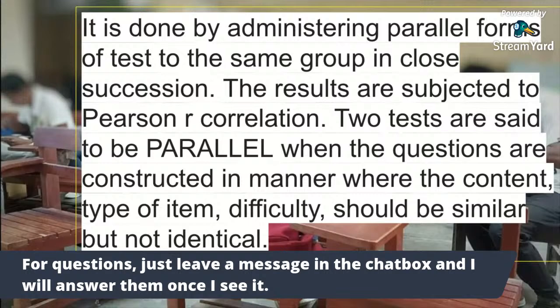So for example, let us say there are two groups of test takers, A and B. Item number one, for example, in a math test for the first group A, has this question. The question is, what is the sum?